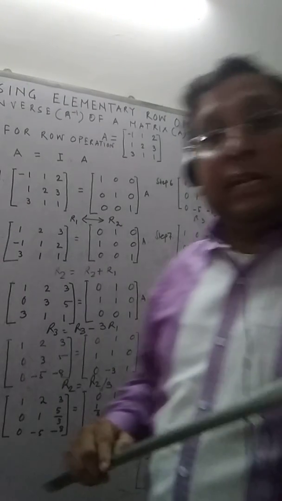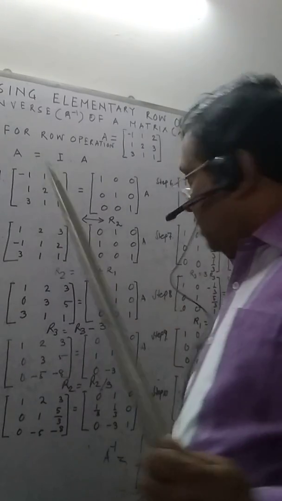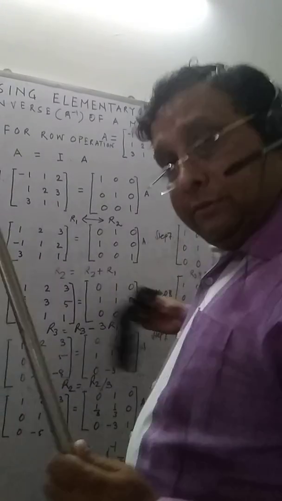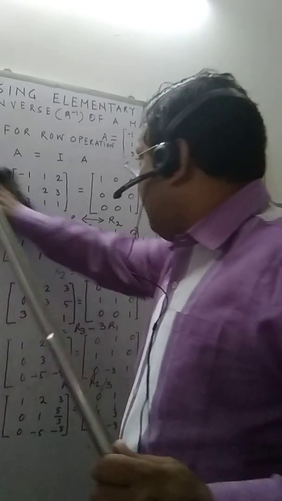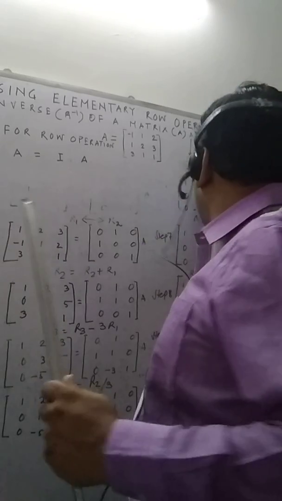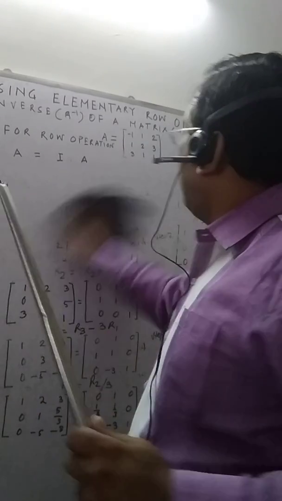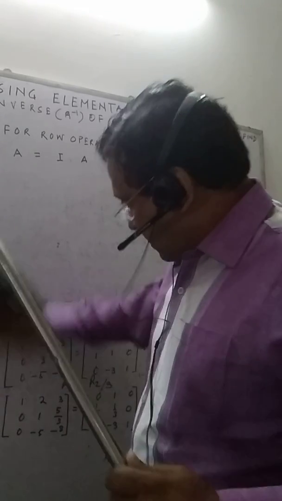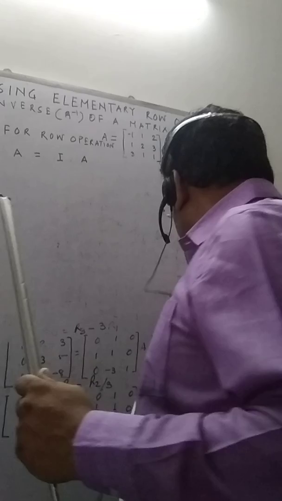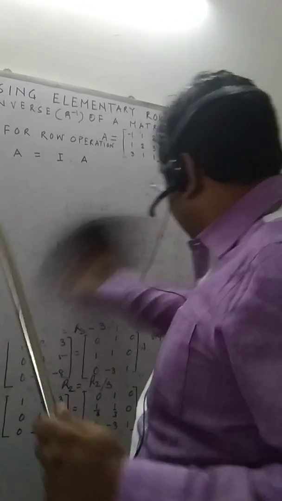Now the question is, how can you be sure that this will be your inverse? How can you check it in the examination hall? If I rub this now, because of space problem I have to rub it, otherwise the board is very small. In future maybe I'll use a bigger board for better understanding.